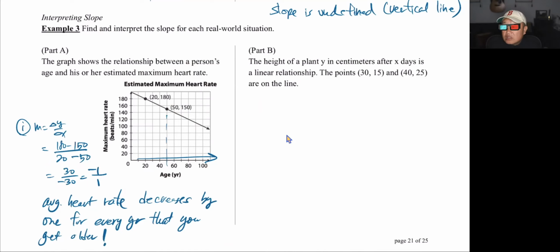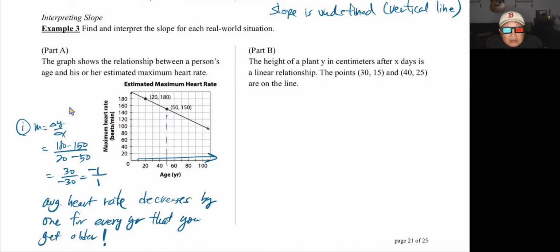Okie dokie. So each year you lose 1 heartbeat of maximum heart rate. So according to this particular graph, when you're 80 years old, your maximum heart rate probably should not exceed 120. Yeah? Okay, I think we got the last one, guys.